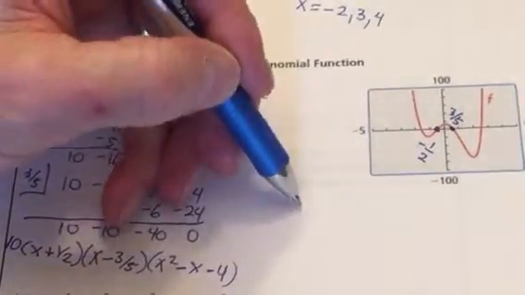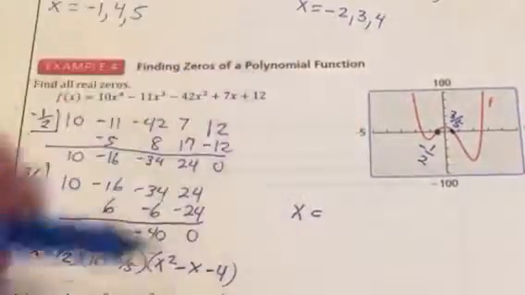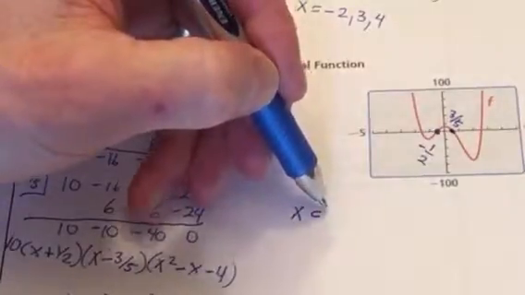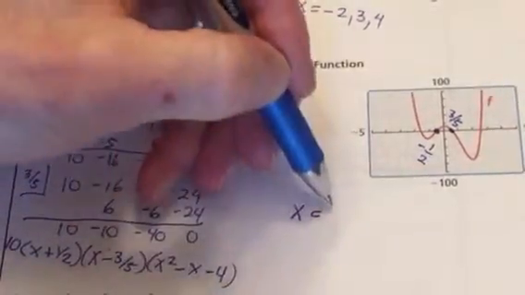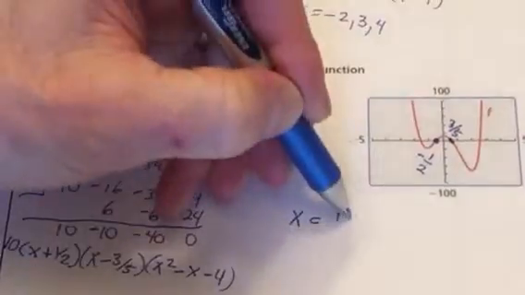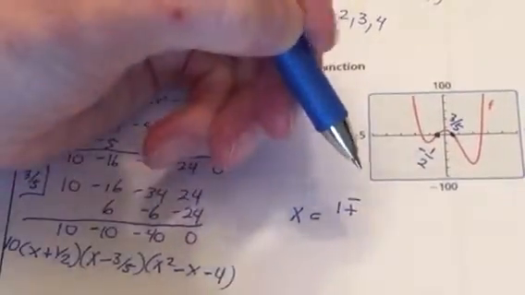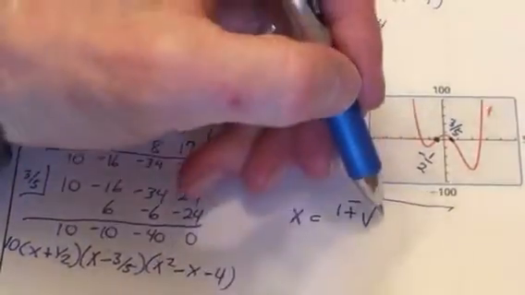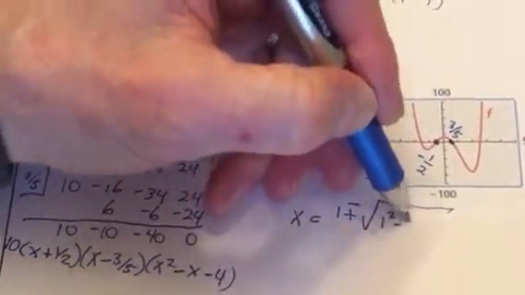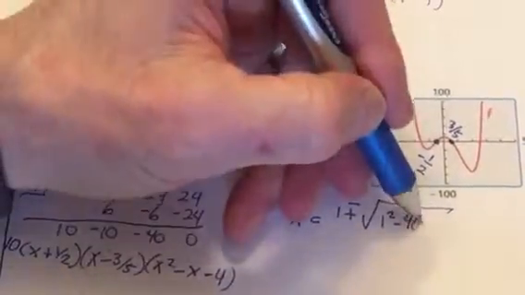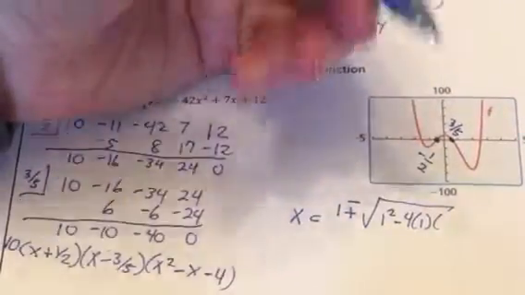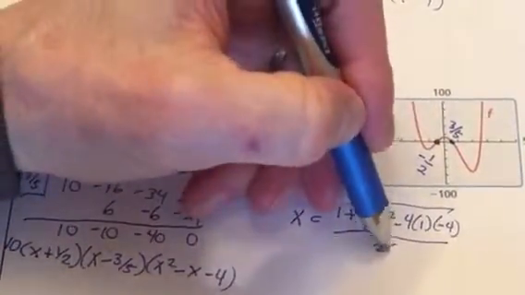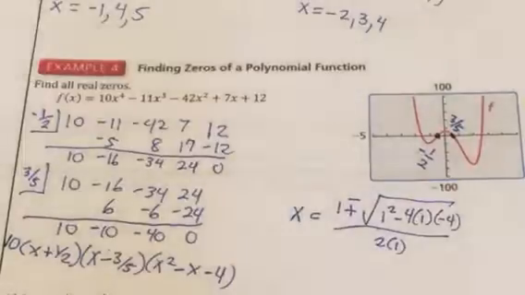So remember that that is the opposite of b, and the opposite of b is not squared. The opposite of b is positive 1 plus or minus the square root of b squared minus 4 times a times c, over 2 times a.